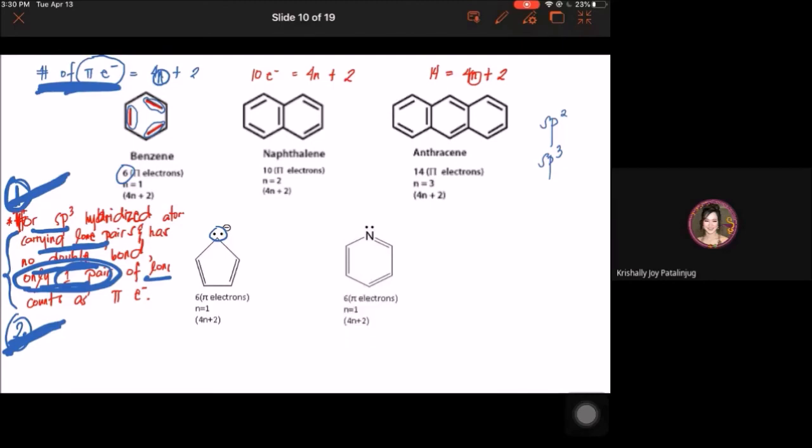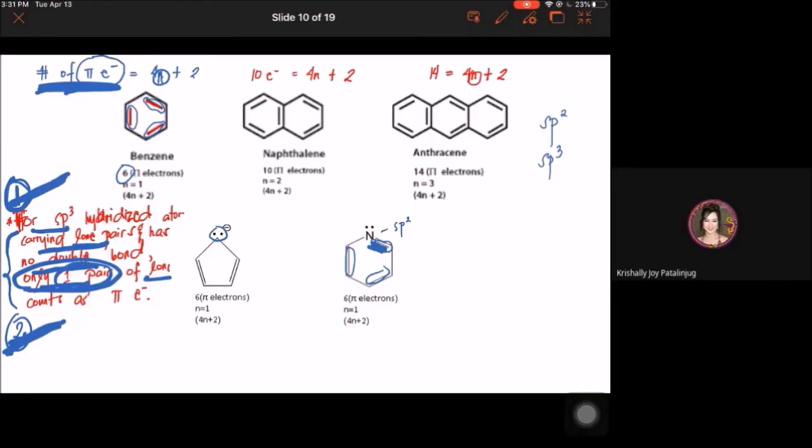This one also has only 6 pi electrons, from the three pi bonds, because this is an sp2 hybridized atom carrying a lone pair, and its lone pair will not be counted as pi electrons. What is counted as pi electrons is the second bond. So, they fit. All of these follow Huckel's rule.